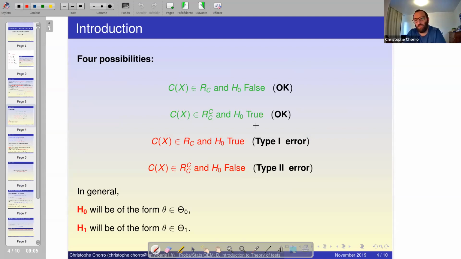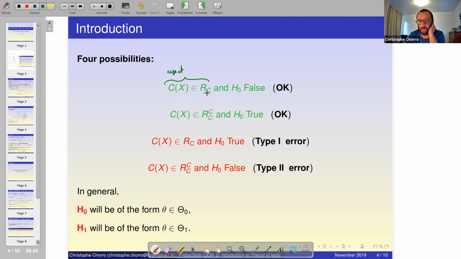I have put some of them in green and some of them in red. Why? Because if C of X belongs to RC, it means that I reject. And if I reject a hypothesis that is false, it's perfect for me, because my process is a good process in this situation: I reject something that is false.